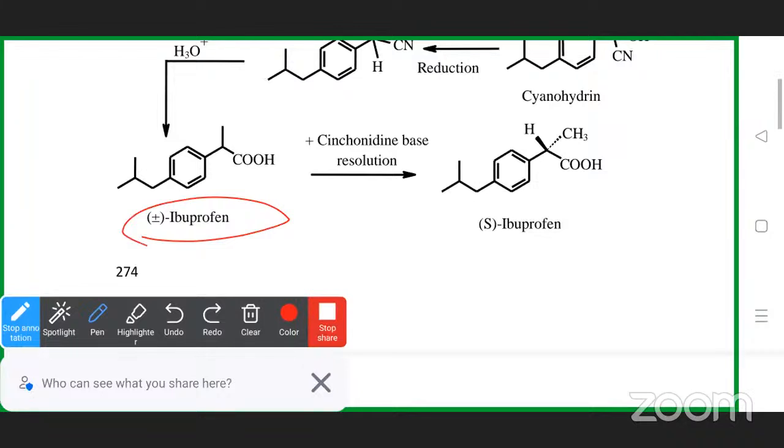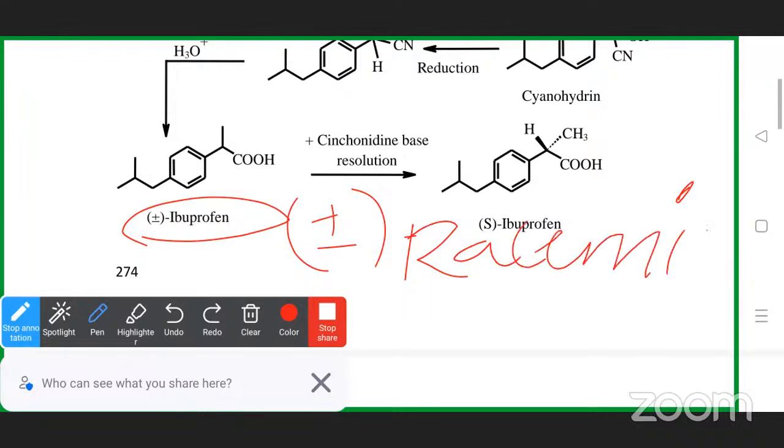We will get the racemate, plus and minus, both isomers, R and S. R isomer as well as the S isomer. So we'll get the racemic form. We call this the racemic mixture.